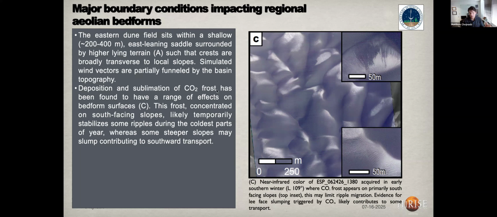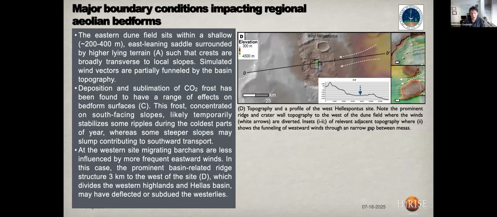The frost is concentrated on south-facing slopes where you're having some cold trapping effects, and that temporarily can stabilize some ripples, but also these steeper slopes like the slip face in the subplot in the top right. That's an area where you may have slumping due to the carbon dioxide activity that's going to cause some southward transport. So there are some impacts that the frost can have.